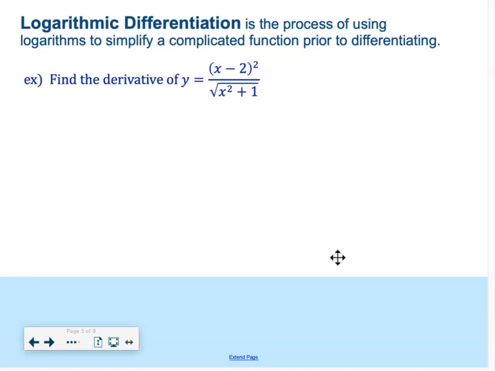Now, we can do anything we want to an equation as long as we do it to both sides, right? So what are we going to do to this equation? We're going to start by taking the log of both sides. When I say log, I mean natural log, always natural log.